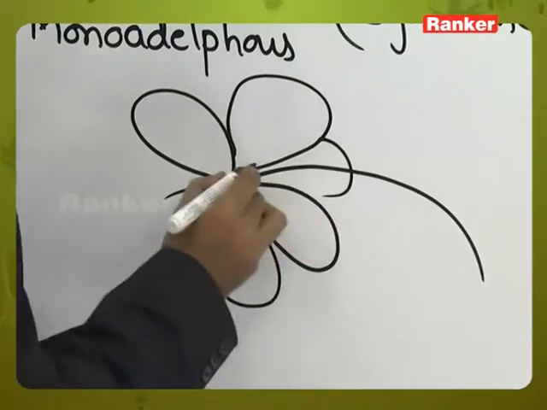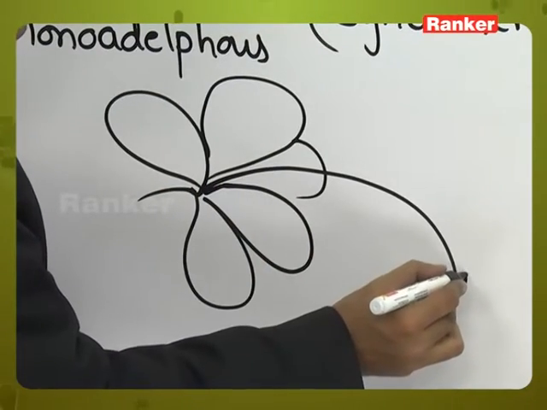In the hibiscus flower, a staminal tube is formed.